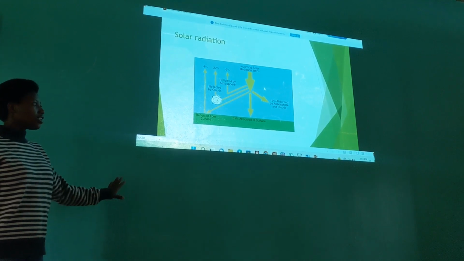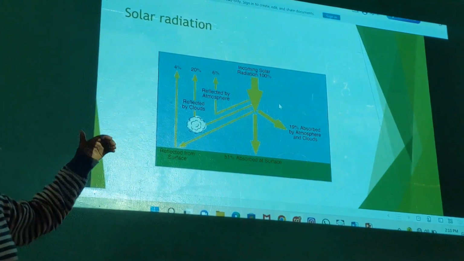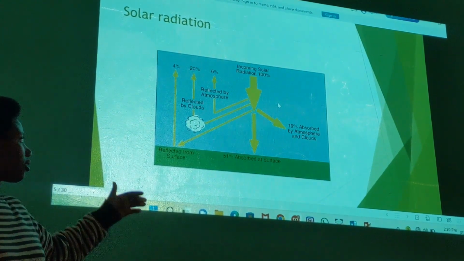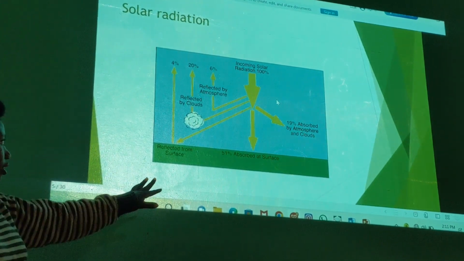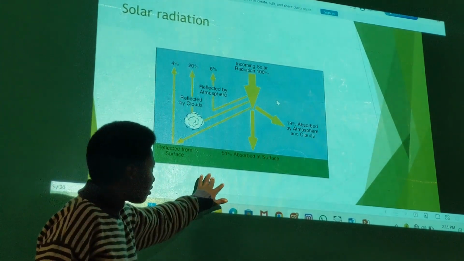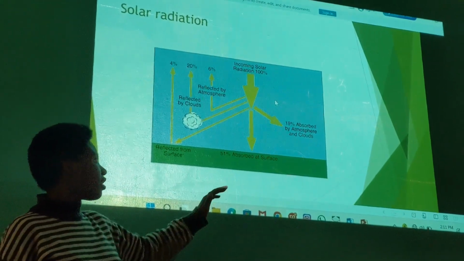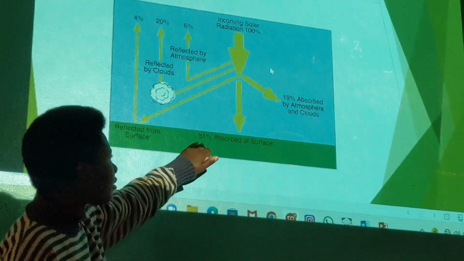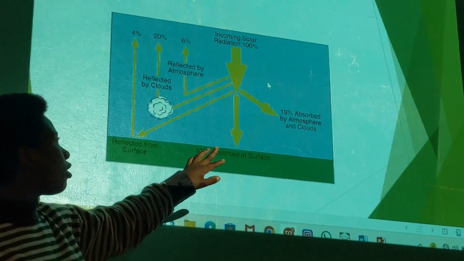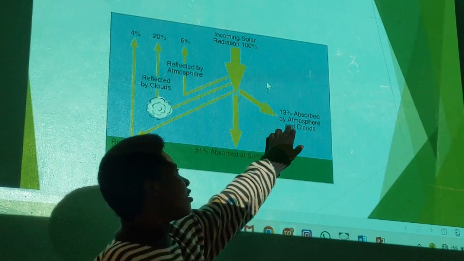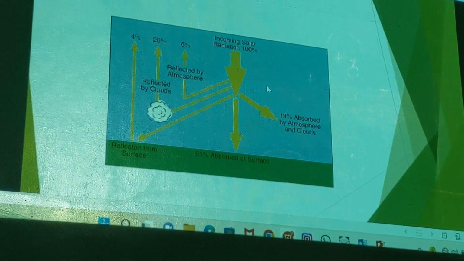This diagram shows how solar radiation comes to the surface. There is a percentage of this energy absorbed by the surface, 51%, and also 19% absorbed by the atmosphere and the clouds.